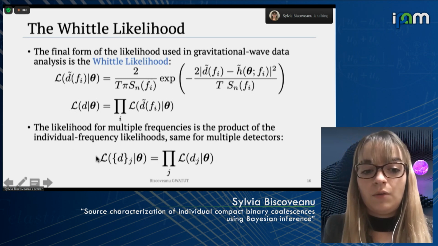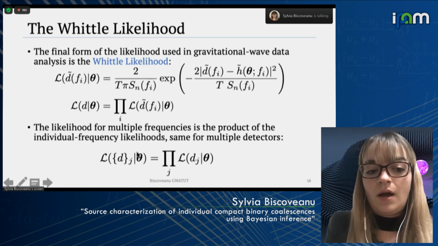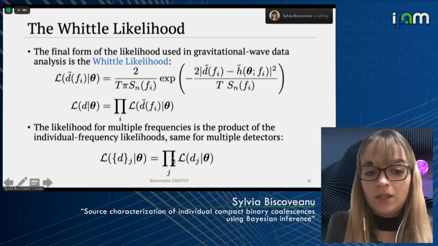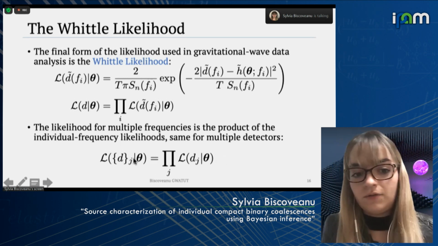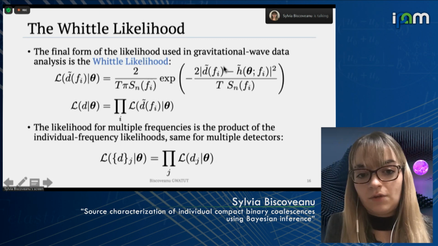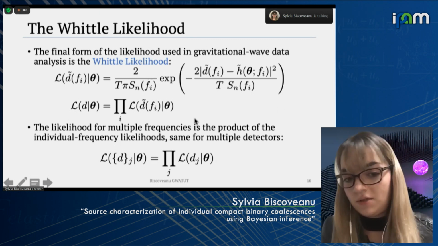And so if you want to combine the data from multiple interferometers, the likelihood of the data from that whole network is just the product of the likelihoods of the individual interferometers. And in this case, the data will change for each interferometer, and so will the PSD, because maybe they're operating with different sensitivities.